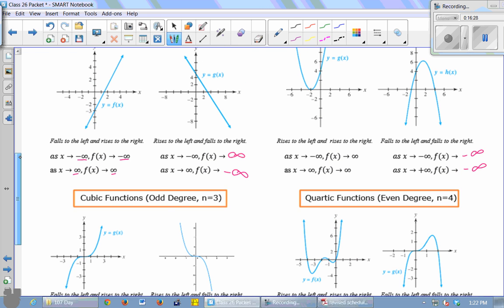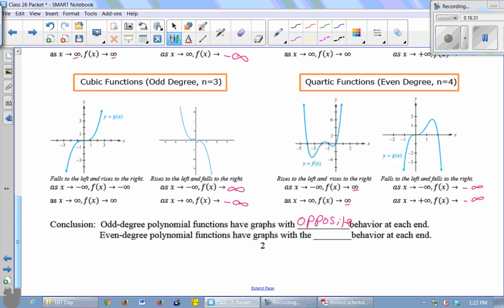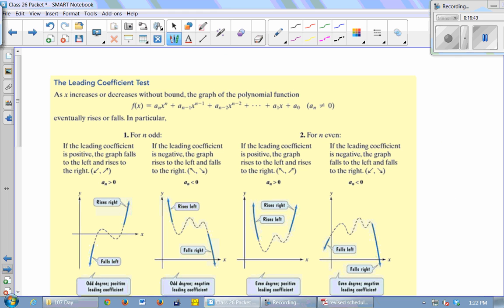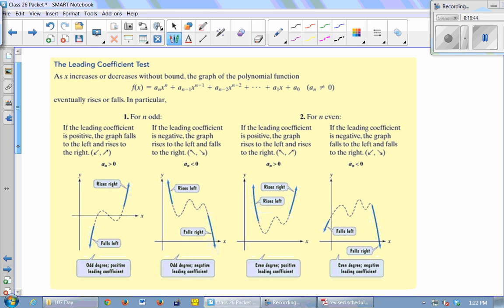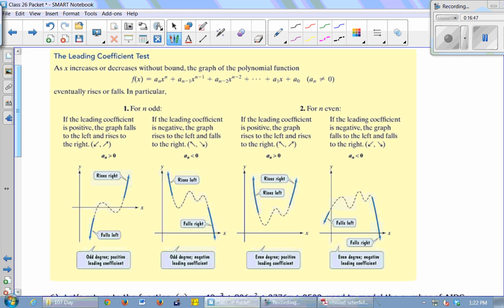They're the same. They either both go up or they both go down. So they have the same behavior at each end. So odd degree, opposite behavior, even degree, same behavior at each end. All right, and then we can look at the leading coefficient to tell us whether they both go up or they both go down, or which arm is up for an odd degree.